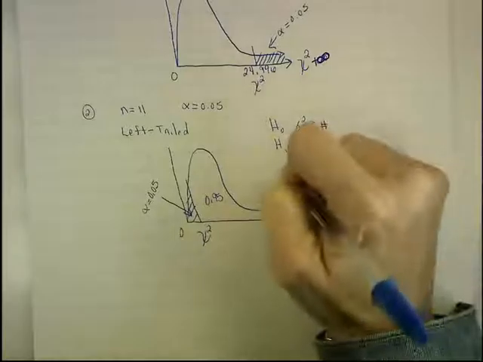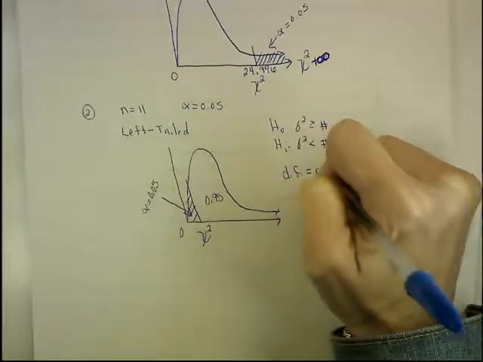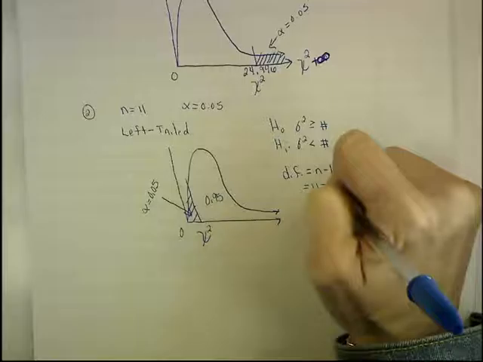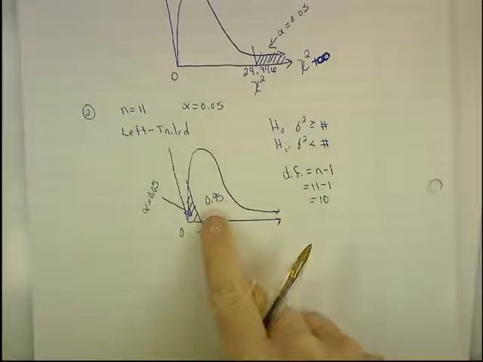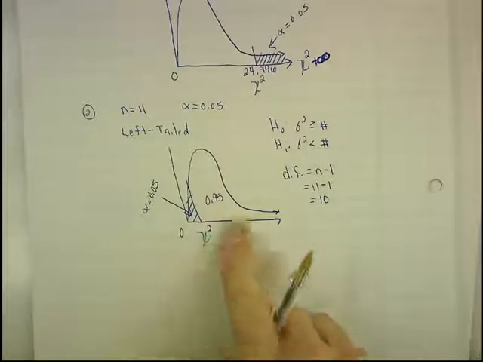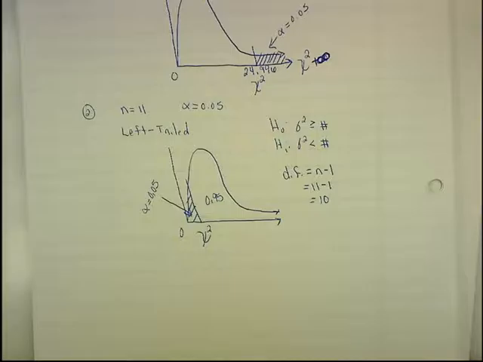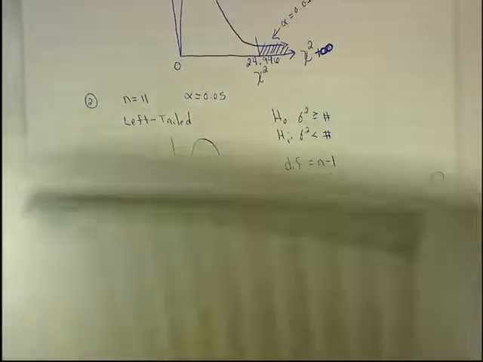This time you're going to go to row 10, and you are going to go to the column that says 95% because that's the area above the unknown chi-square value. So alpha is in the left tail and alpha was given to you.